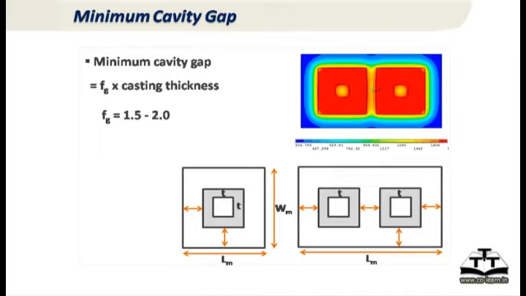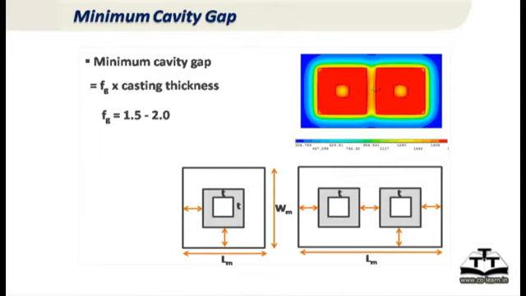Most of the castings have some cores inside, some holes inside, and thick walls and thin walls and so on. So if you have two cavities or two castings facing each other with thick walls neighboring each other, the minimum distance between those two castings should be equal to about twice the wall thickness.